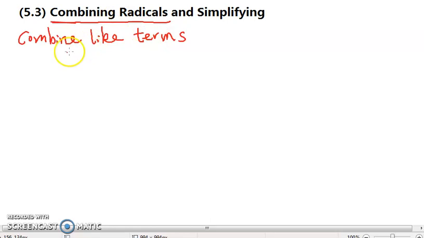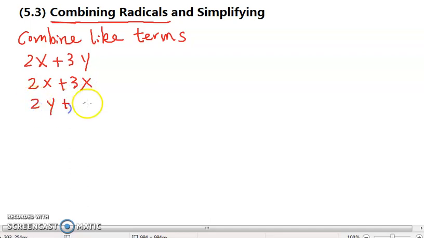For example, if we have 2x plus 3y, or we have 2x plus 3x, or maybe 2y plus 3y, we are able to combine like terms.